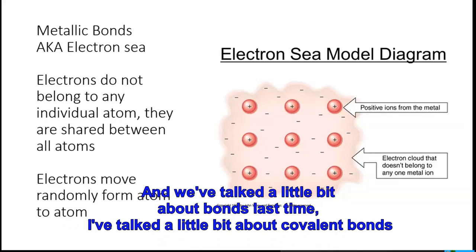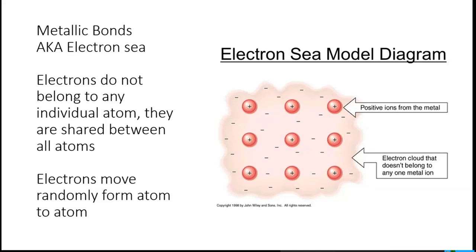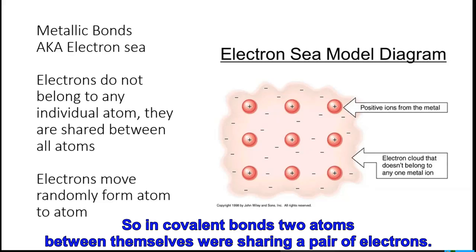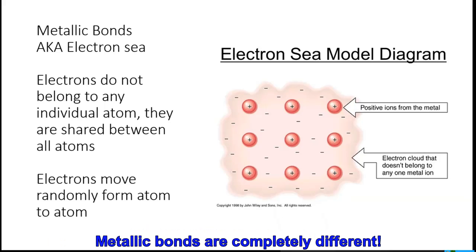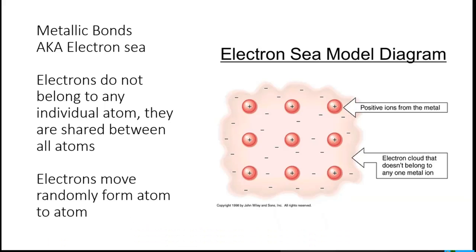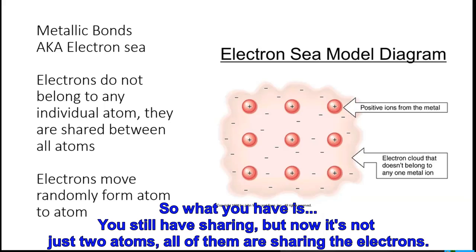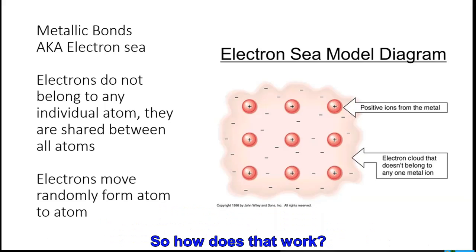So in covalent bonds, 2 atoms between themselves were sharing a pair of electrons. Metallic bonds are completely different. So what you have is you still have sharing, but now it's not just 2 atoms, all of them are sharing the electrons. So how does that work?